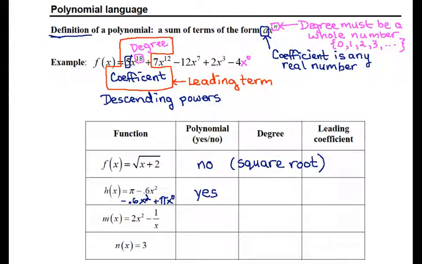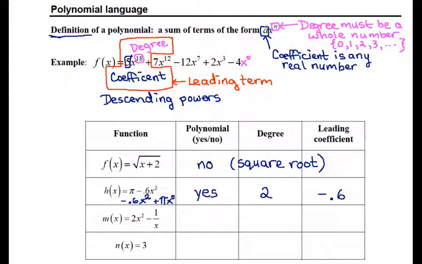So remember that even though the powers have to be whole numbers, the coefficients can be any real number, and pi is a real number. So this is a degree 2 polynomial because 2 is the largest power, and the leading coefficient is the coefficient of the leading term, or the term with the highest power, so the leading coefficient is negative 0.6.